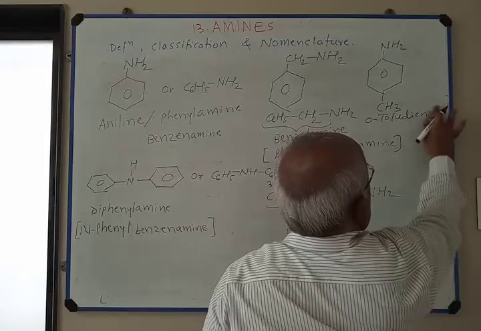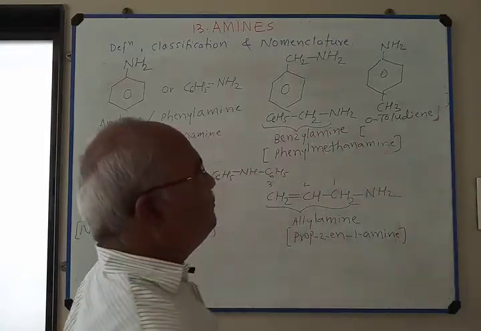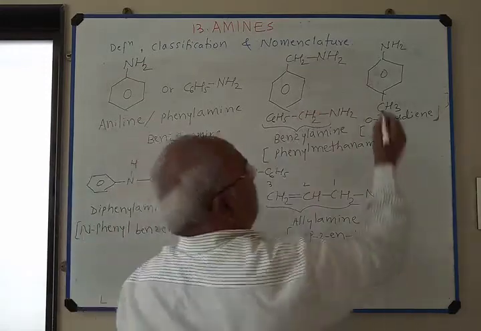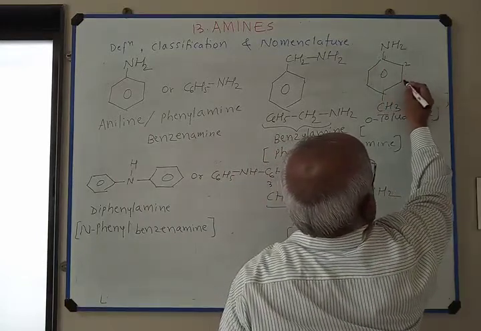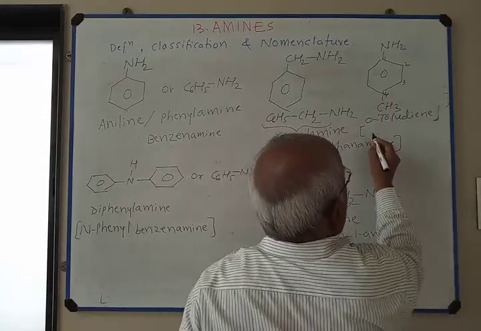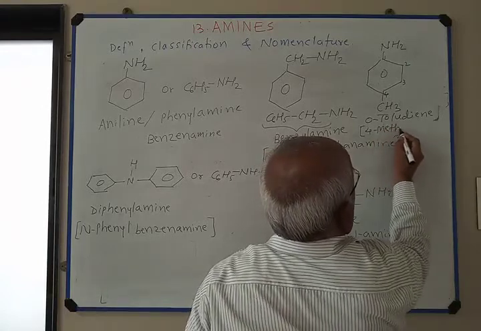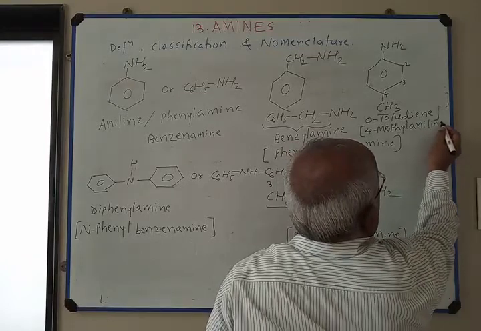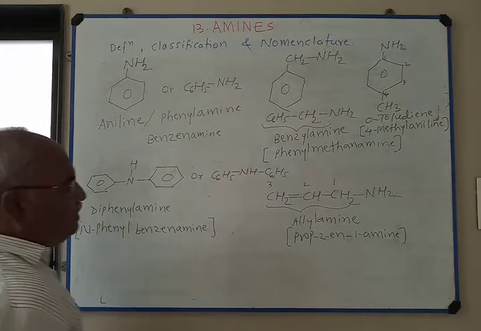In IUPAC system, this is a derivative of aniline. This is carbon number 1, 2, 3 and 4. At fourth position, a methyl group is present, therefore 4-methylaniline is the IUPAC name of the compound.